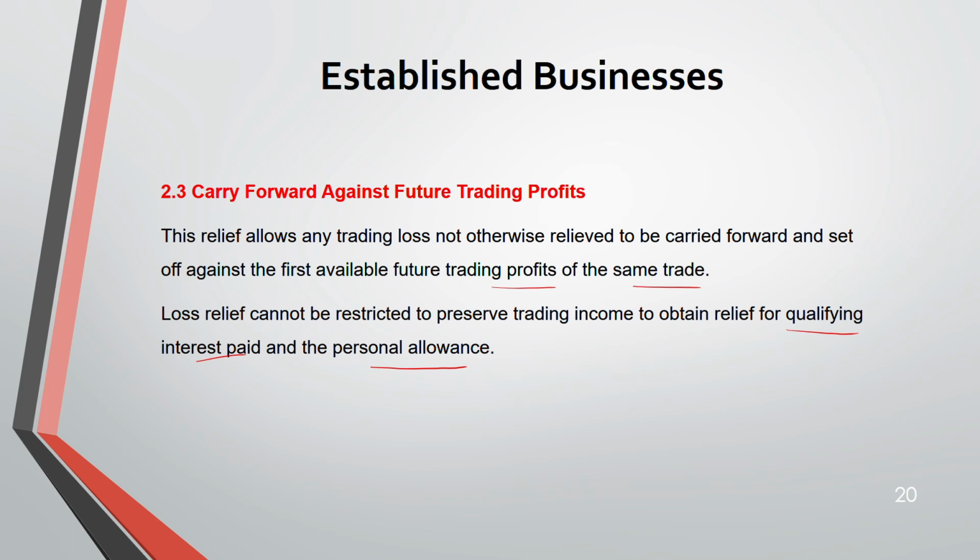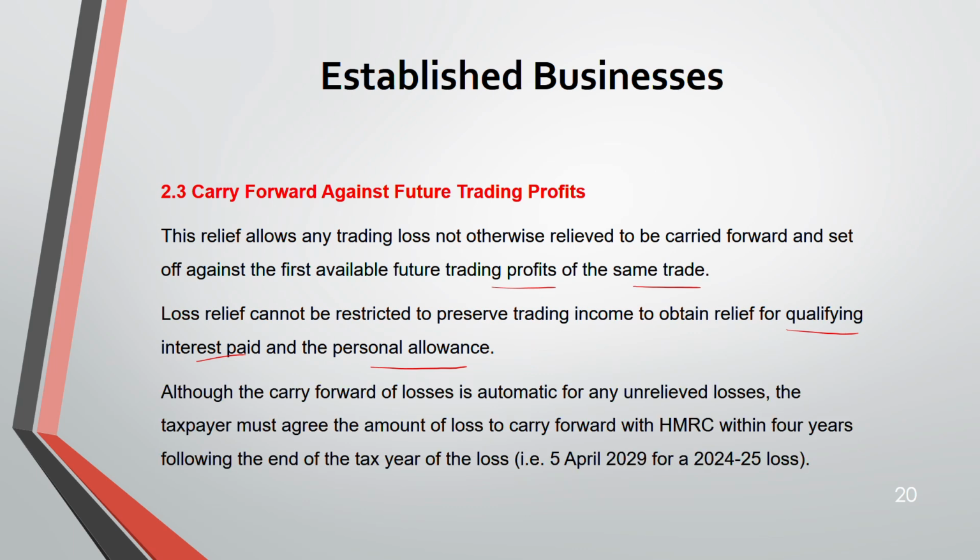Here you can't do that planning, but in the current and the previous year, you could do that. So if you do carry it forward, you might waste some of your qualifying interest paid or personal allowance. And remember, any unrelieved losses, whether you claim or not, it is automatic. Automatically, it will be carried forward.